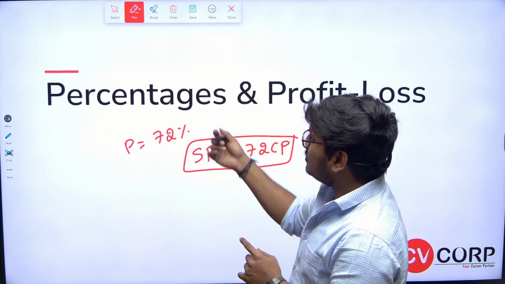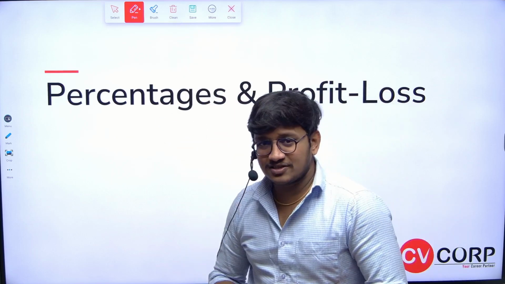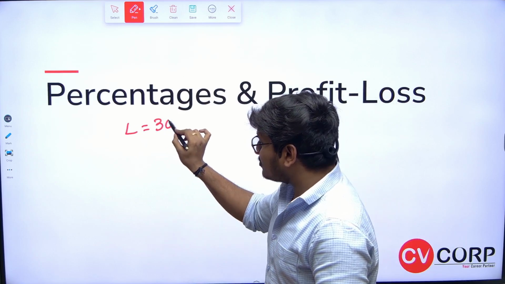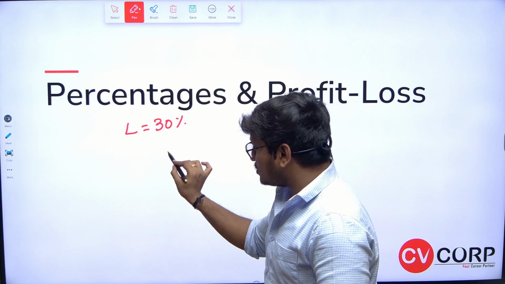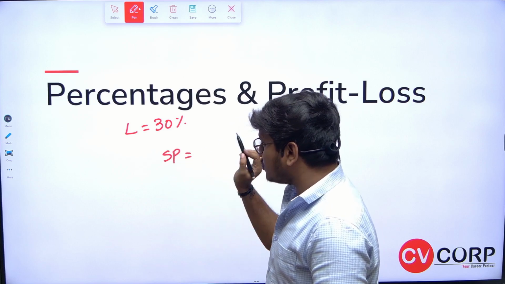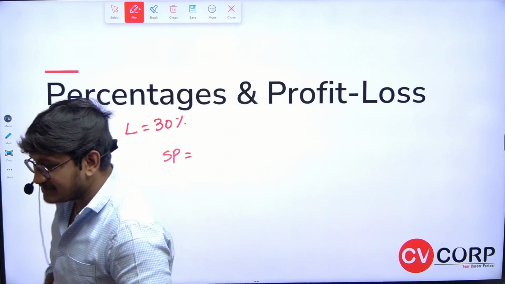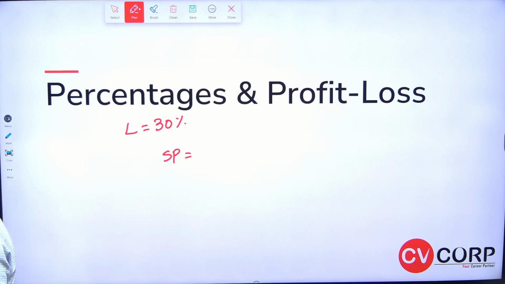Okay, now we'll go to loss. Let's consider the condition of loss. If I get a loss of 30%, selling price is equal to, can you tell me the relation if I get a loss of 30%? Can you post it in the chat box?